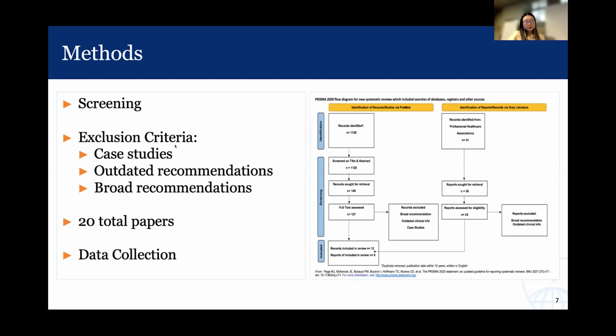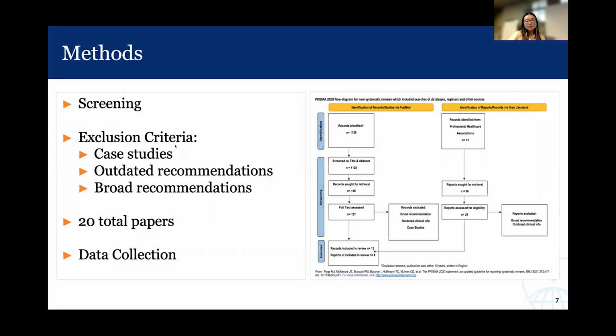Once the search yielded results with peer-reviewed papers written in English and published within the last 10 years, an initial content screen was conducted. The initial screen refined results based on the title and abstract to only include papers about high-risk pregnancies and breastfeeding.